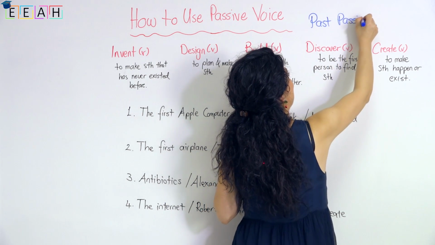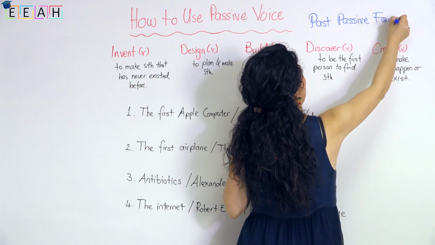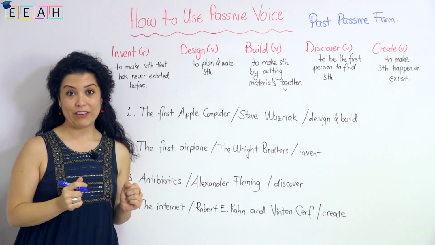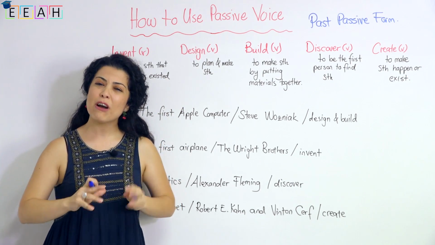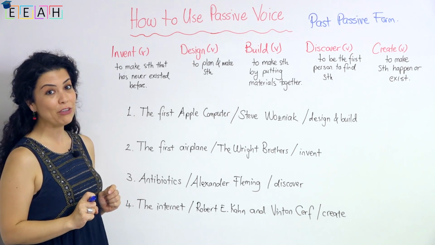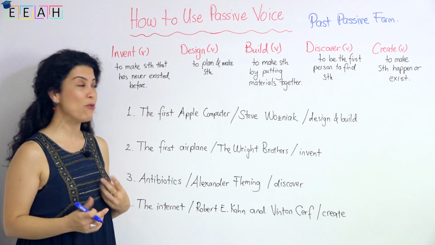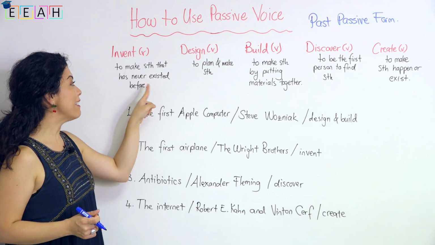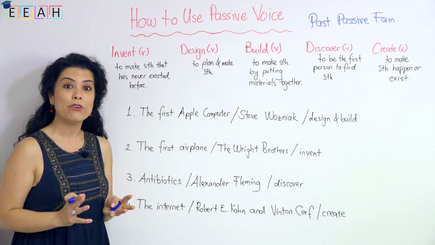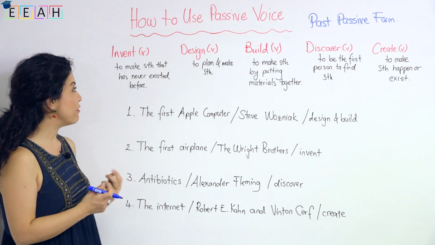Cool. To do this exercise, we need to learn the difference between these 5 verbs. They are commonly confused. So let's have a look at them together to understand more. The word invent means to make something that has never existed before. So you make it for the first time.